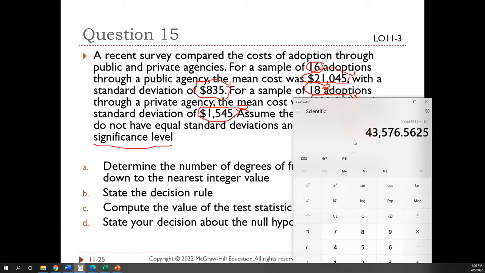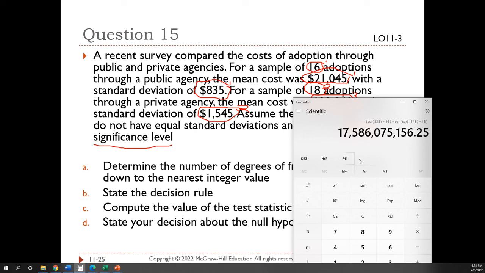And then that has to be added to, now, parentheses, the standard deviation of 1,545 squared, lots of money there, divided by our second one, which is 18, and then this has to be squared. So we're looking at a lot right there.